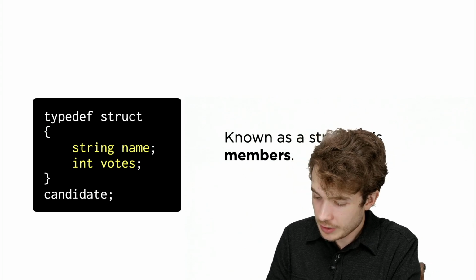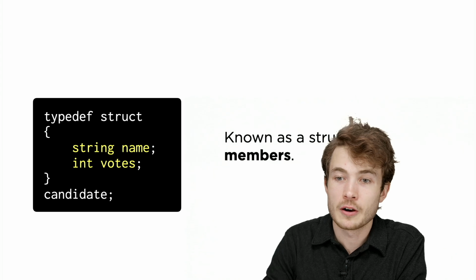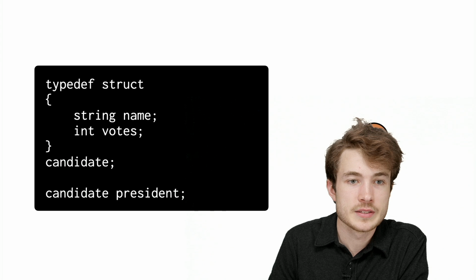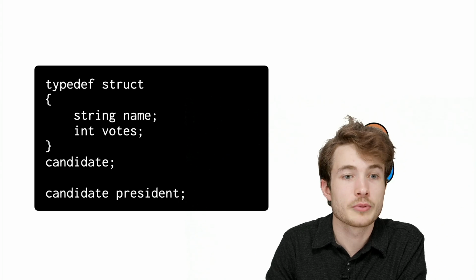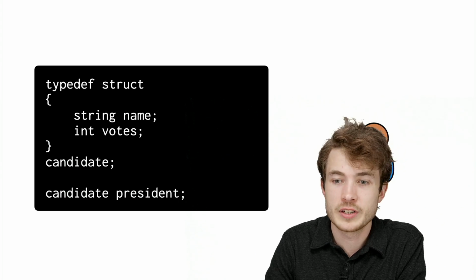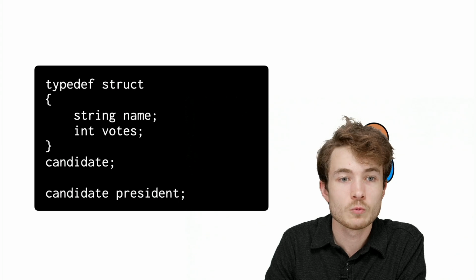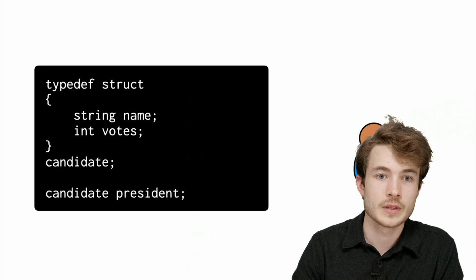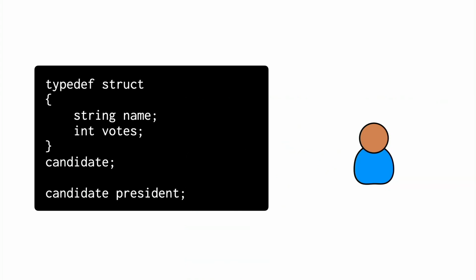So let's consider here actually making our very own candidate. So we'll go through here and say, let's create a candidate called president. And on the right-hand side, we'll have this picture of a candidate here. Now, if we want to give this candidate a name, we could do so like this.